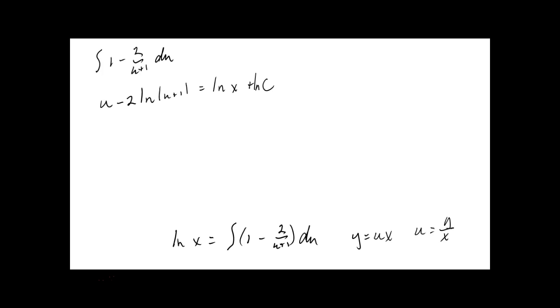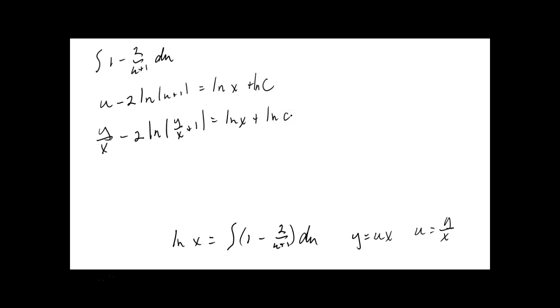We got rid of the y to deal with the u's and x's. Now we're going to come back to y. So this will be y over x minus 2 times the log of y over x plus 1 equal log x plus log c.